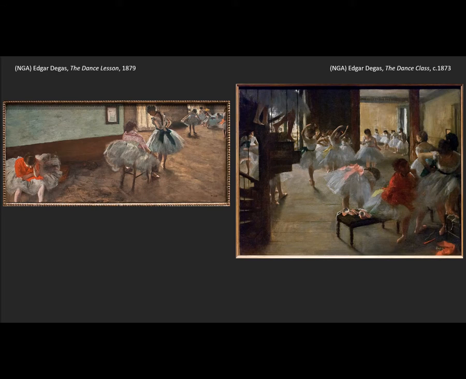You start to look at the composition, maybe the play of light in the interior, the handling of paint. But also, with doing multiples of ballet dancers, Degas wants us to focus on this because it is indeed work. We don't think of performance, the arts, as work, but indeed they are.